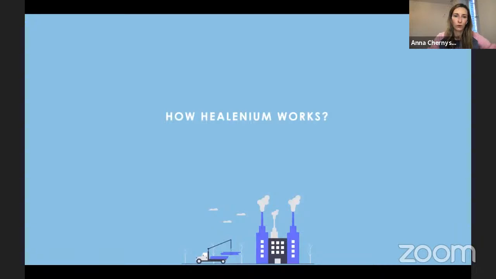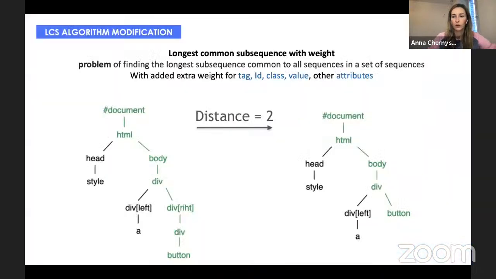And how Helenium works. First of all, I would like to give a quick overview of the algorithm that we are using. We are using kind of machine learning algorithms that we are enhancing right now. The algorithm is named longest common subsequence, but we modified it with weight coefficients for tags, ID, classes, values, text, and other attributes of the elements.